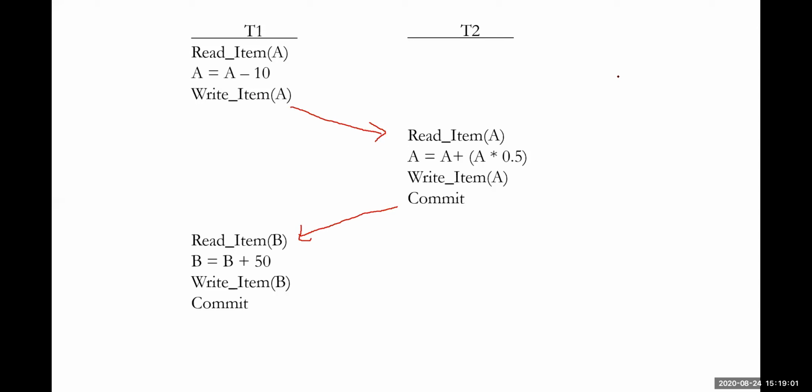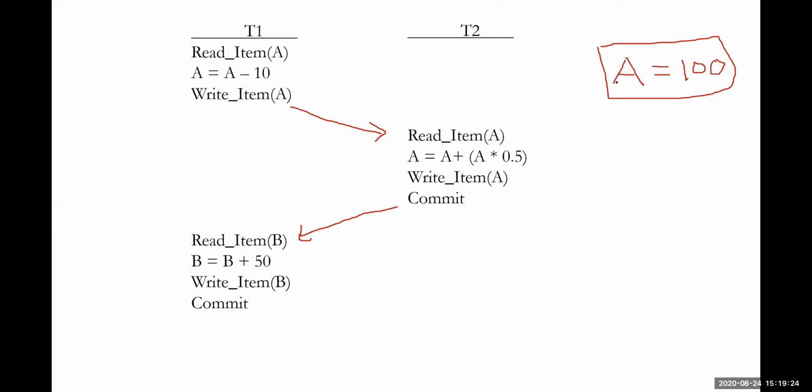Before going to this particular scenario, the value of A will be, for example, 100. Transaction T1 has read the particular value from the database. It is stored in a global area, not at a local area. This is stored at the global database.